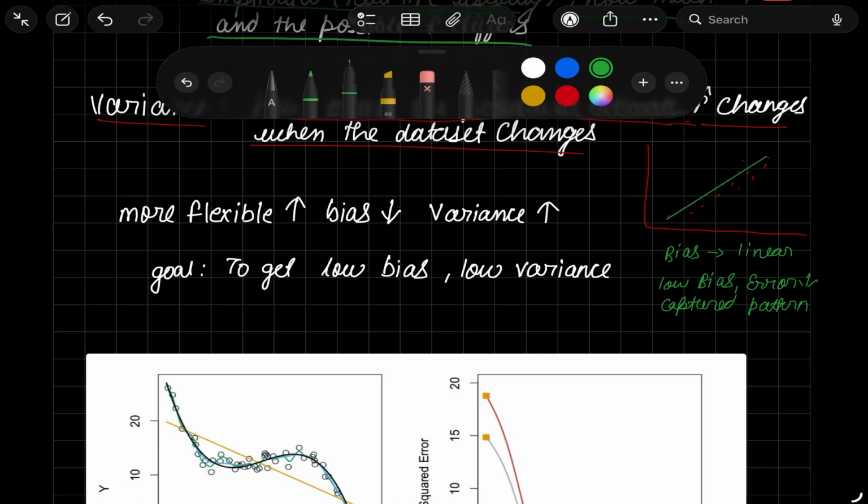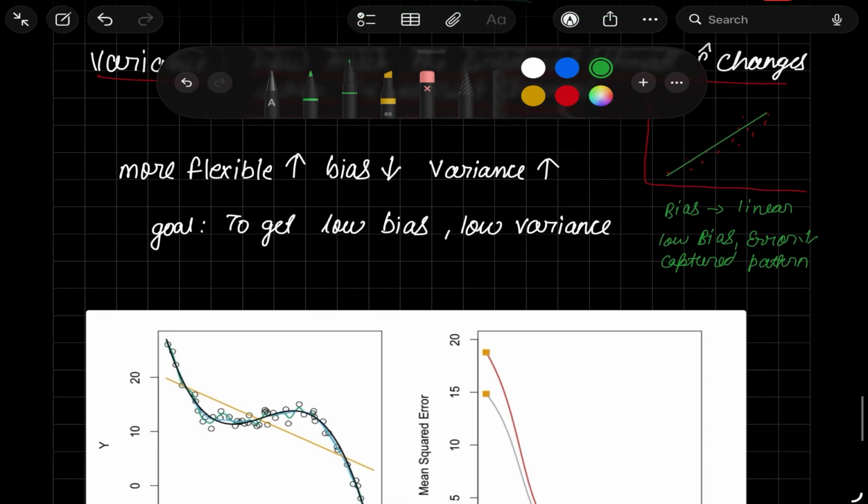Variance says how much the f estimate changes when the data changes, which means when we give test data, which is another data set, how much its prediction changes. Is it giving the same output or not?